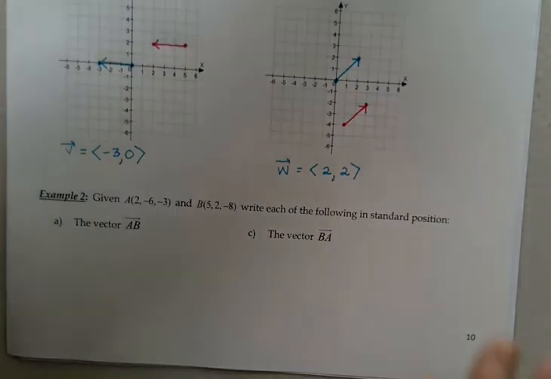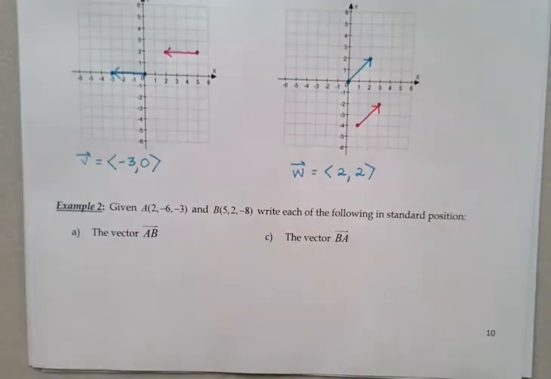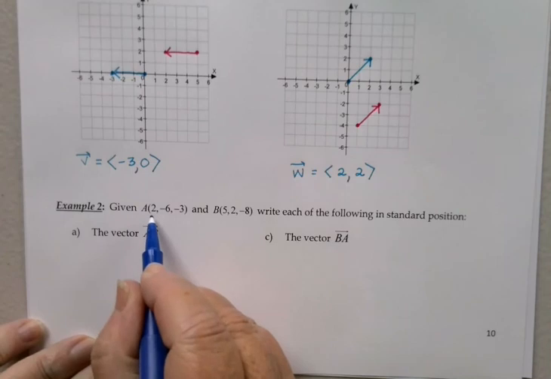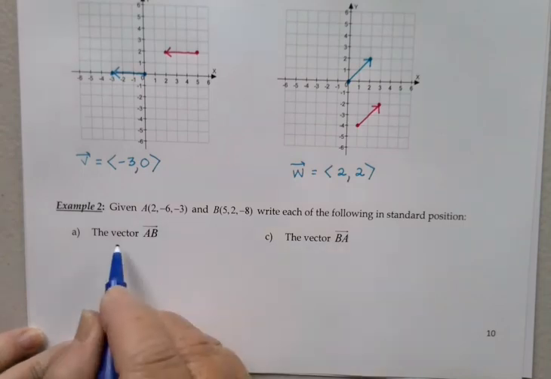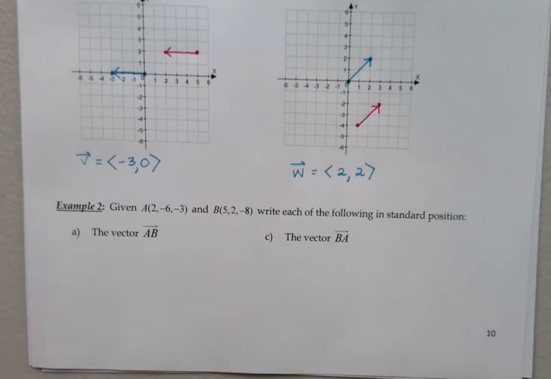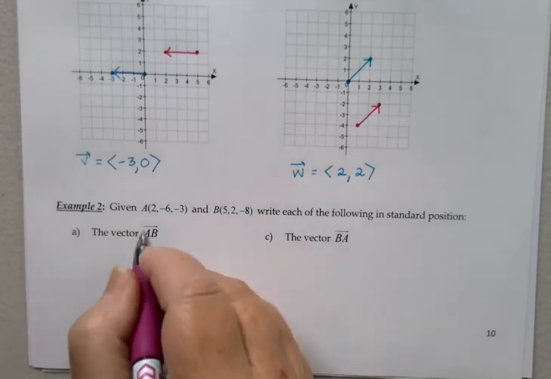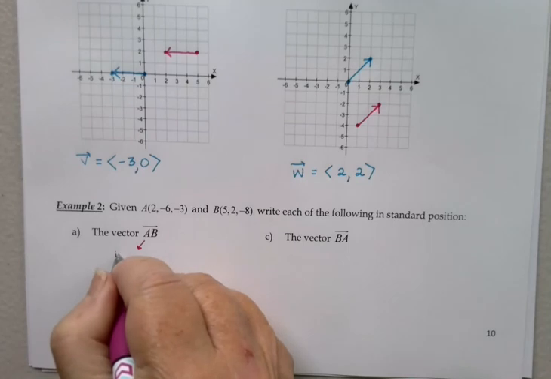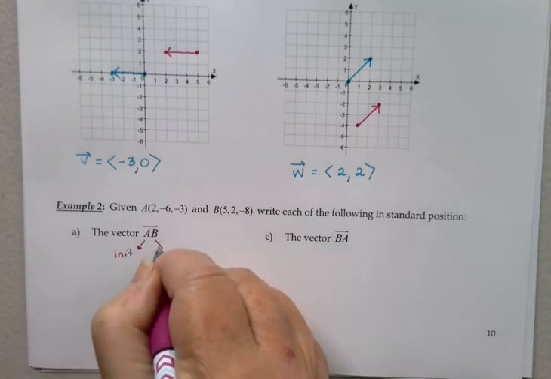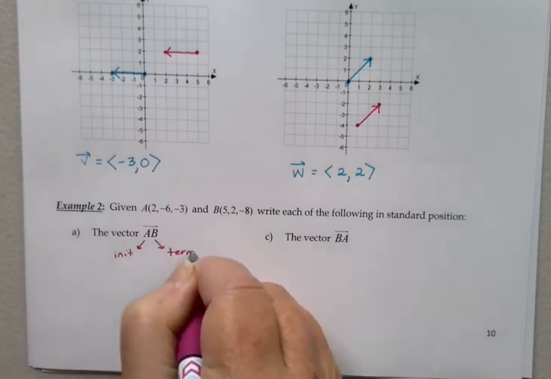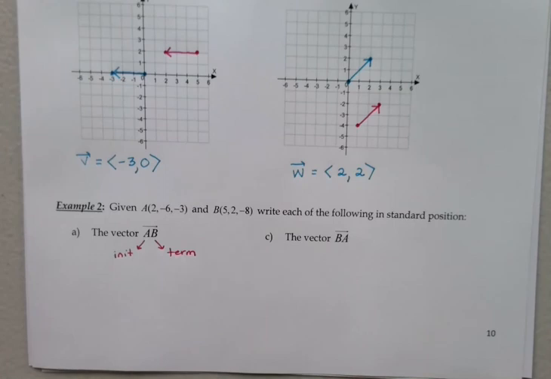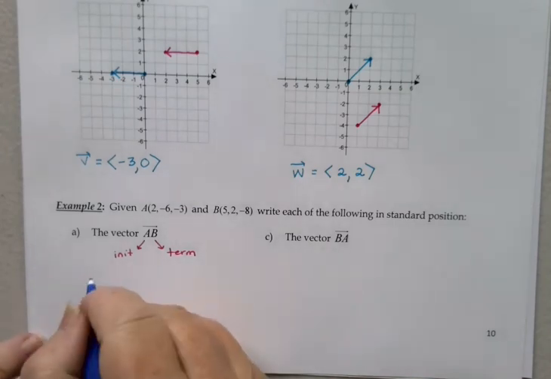Here we go. All right. I've given you 2 points, A and B, and I'd first like to know what is the vector AB. Notice, by defining it this way, AB, I'm saying A is the initial point, B is the terminal point. So the vector AB, I take terminal minus initial.